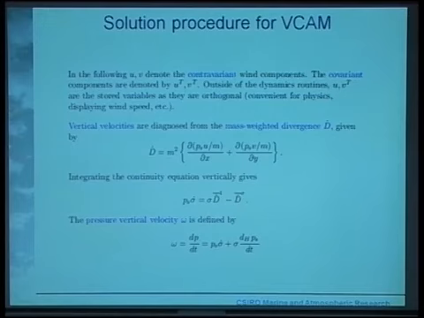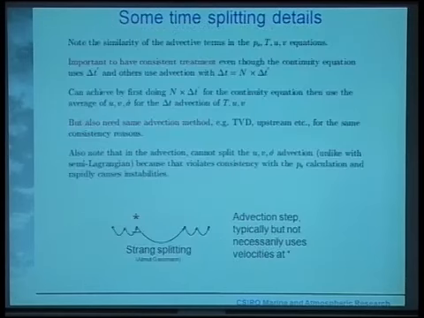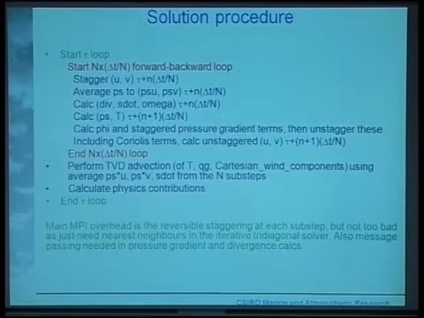So the solution procedure. Well, this is just in the forward-backward part, we calculate the divergence using those staggered velocities and integrate those to give the vertical velocities. Time splitting, I might just go on to here.